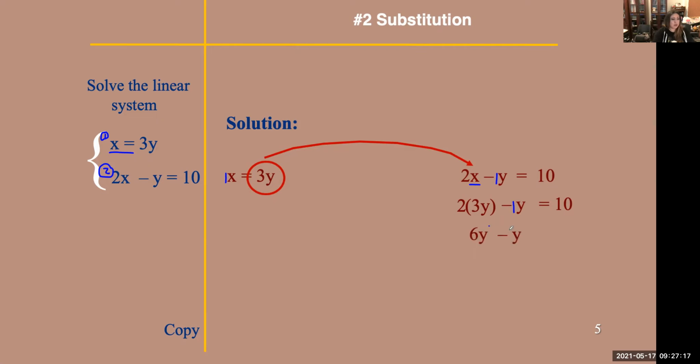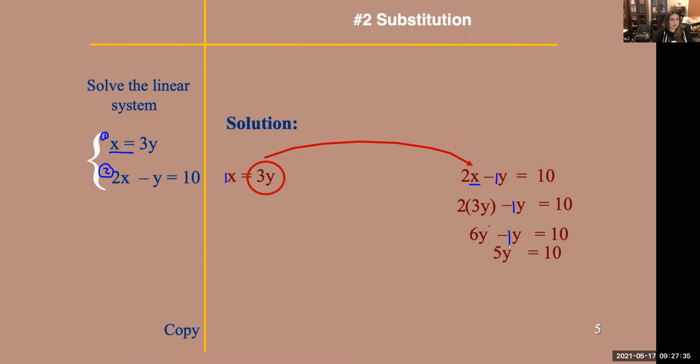Bring down that negative 1y equals 10. 6 minus 1. I can simplify that. And this is where the 1 helps if you guys actually put it down. 6 minus 1 gives me a 5y.